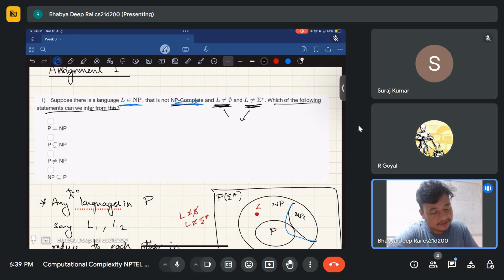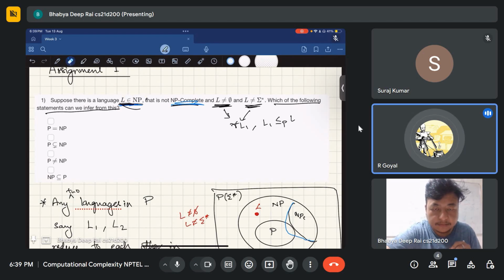Because these two conditions are satisfied, we have that for all L, let me call it L1, L1 will reduce to this particular language that they have in the question, which I'm calling L2. So what is L1 here? That is for all L1.